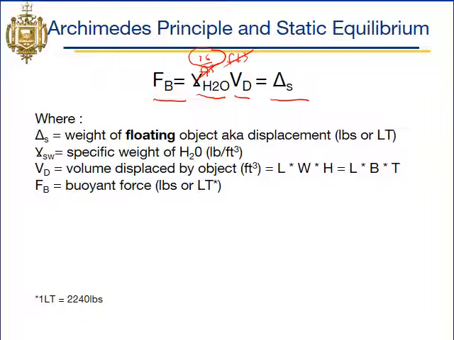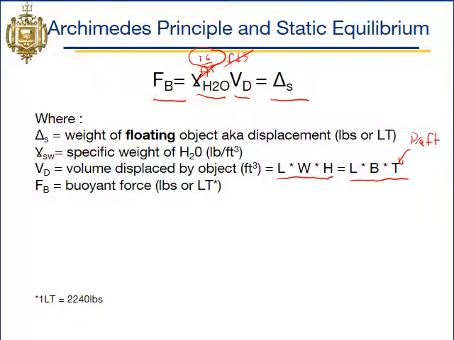So how do we calculate the volume displaced? Well, if we have a nice rectangular prism object, we can just say the length times the width times the height of the object that is submerged, or the length times the beam times the draft. Remember, T here is draft. That's how much of the ship is underwater.